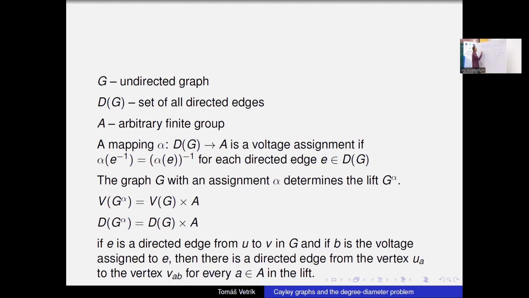So as I mentioned, since there is 0, U0 is connected with V0. First it should be directed, but at the end, since we are studying undirected graphs, we will just omit directions, and it will be U1 going to V1, U2 going to V2, and so on.